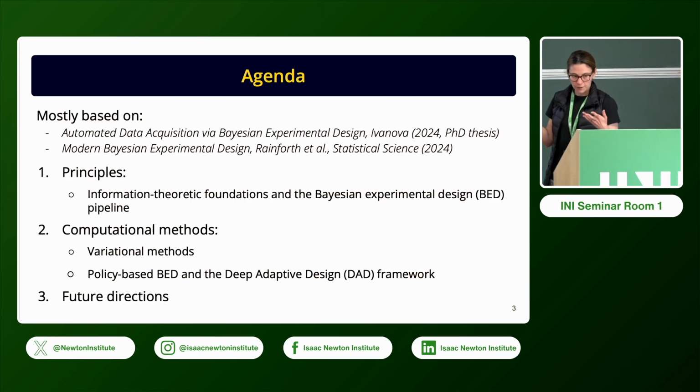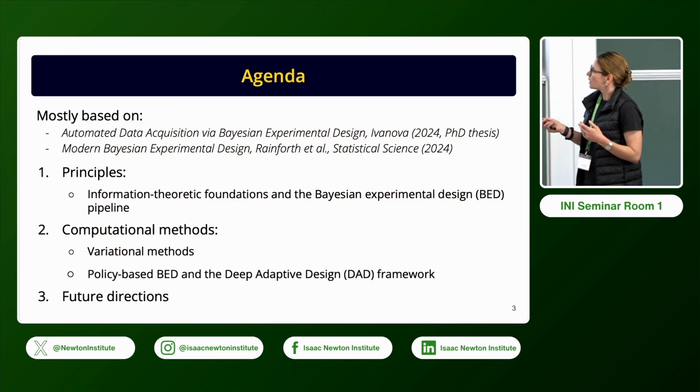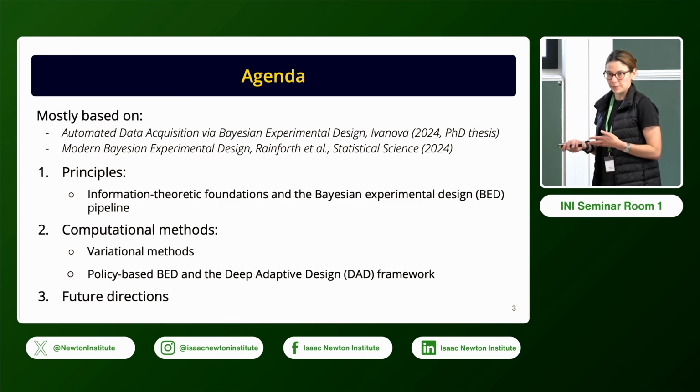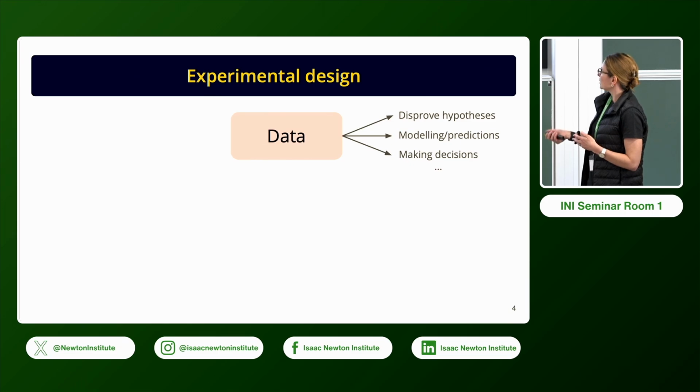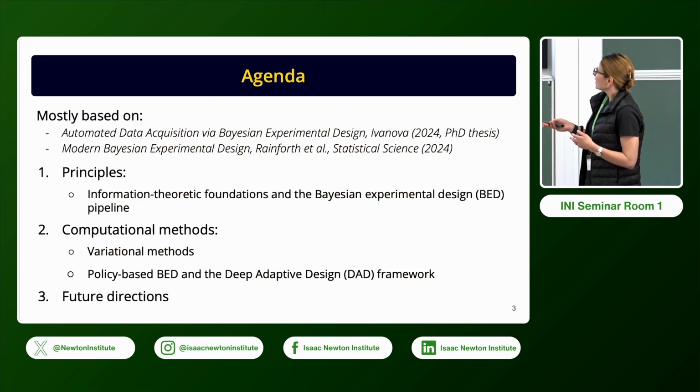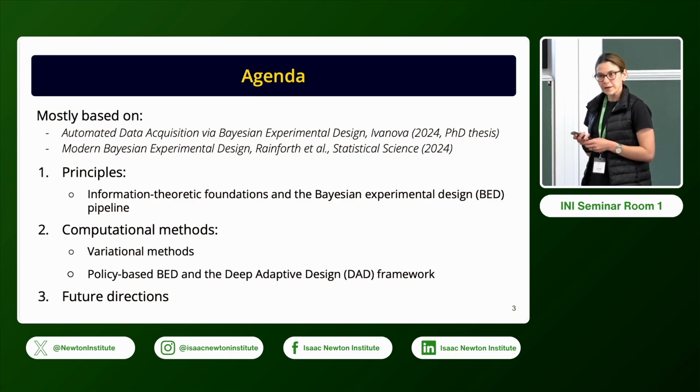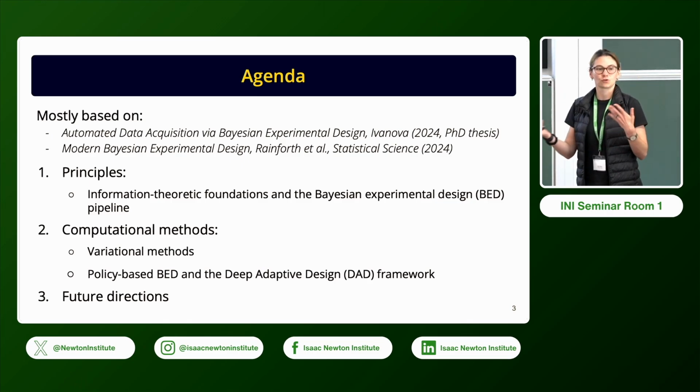In terms of content, I'll start with the principles behind Bayesian experimental design, the information theoretic foundations of it. And then we'll move on to computational methods. How do we actually optimize these information-based objectives? I will talk about something that we call policy-based Bayesian experimental design. And I'll finish with some future directions, open problems that some of you might be interested in.